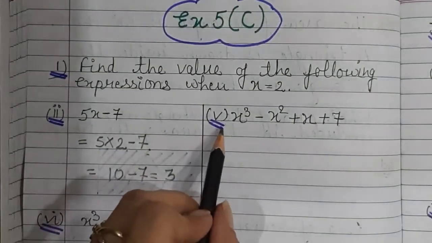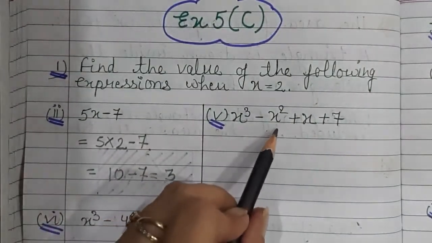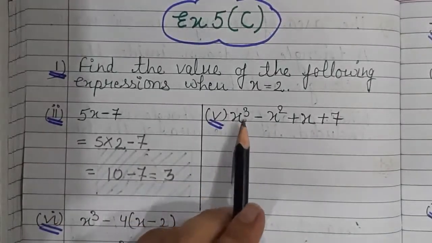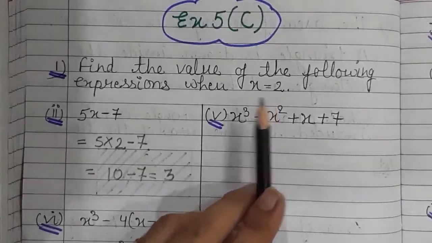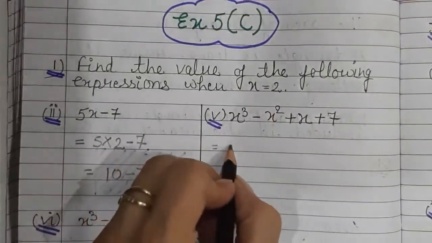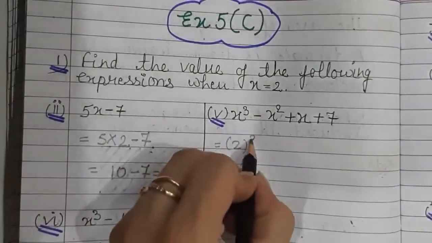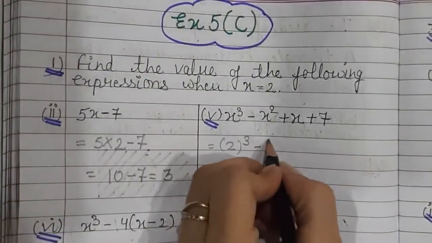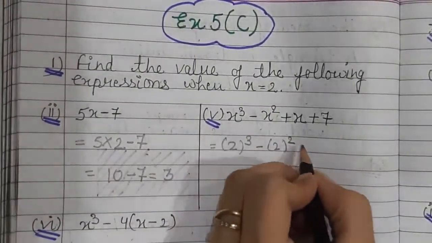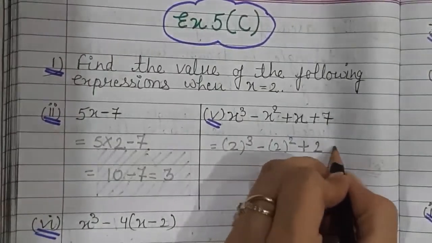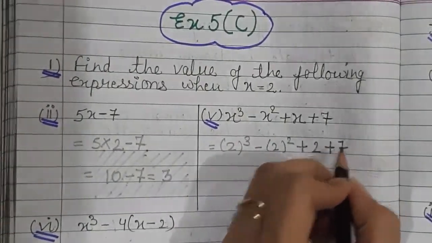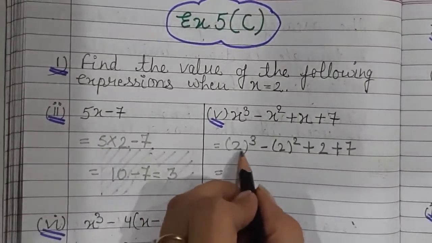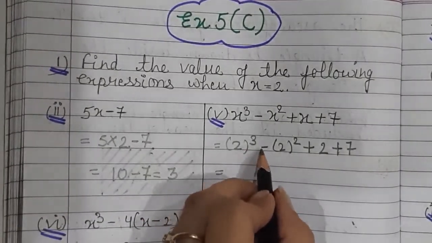Now in the fifth part, x cube minus x square plus x plus 7. Instead of x, we have to put 2. So what will come? 2 cube minus 2 square plus 2 plus 7, right? Now solve 2 cube. 2 cube means 2 into 2 into 2.